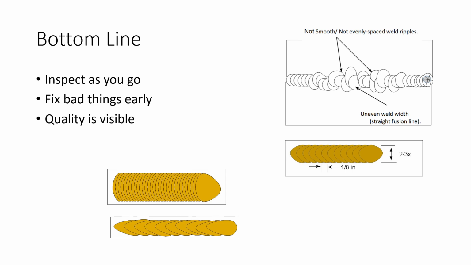Or if we've got not evenly spaced, nasty looking weld ripples on our weld, that's going to raise some red flags. Cracks, porosity, there's a lot of things that can go wrong with welding. So we just need to keep that in mind and make sure we fix things as we go before it gets to an escalation point where customers or somebody else sees it. We don't want to do rework anyways. But anyways, fix bad things early, inspect as you go.